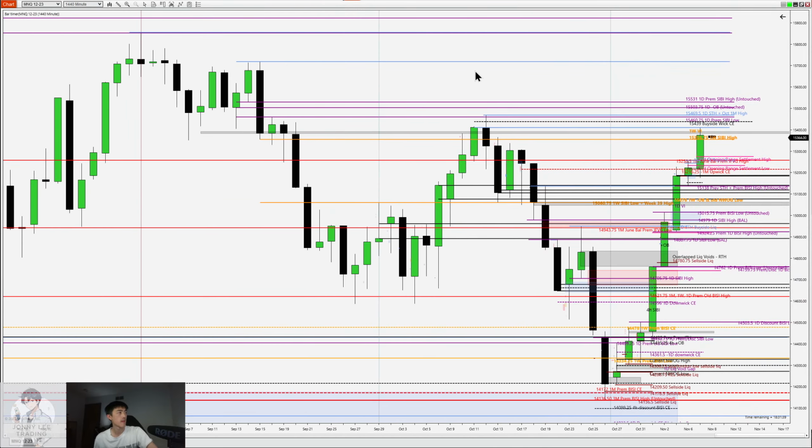But keep in mind we're approaching an area of buy side liquidity, where the shorts that went short here are likely to buy back their positions, as well as smart money who wants to spike it above there. So we'll see what happens.